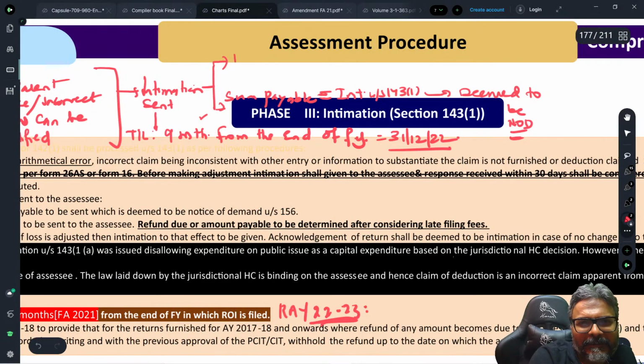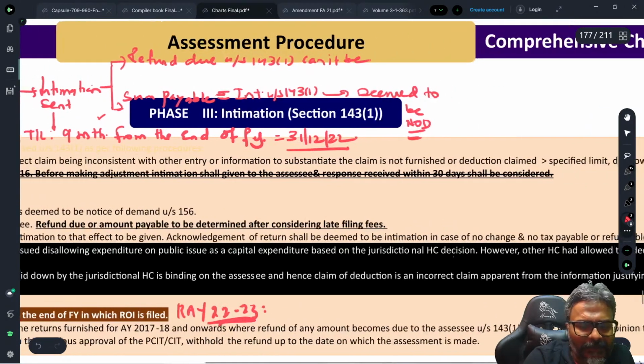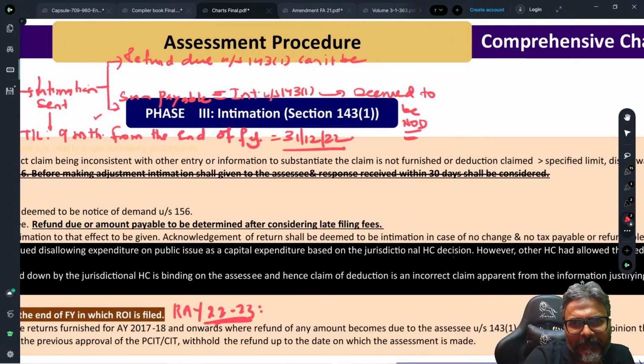Now, if there is a refund due under 143(1), students, can it be withheld by the AO? What is your take? If there is a refund which is due, can it be withheld by the AO?